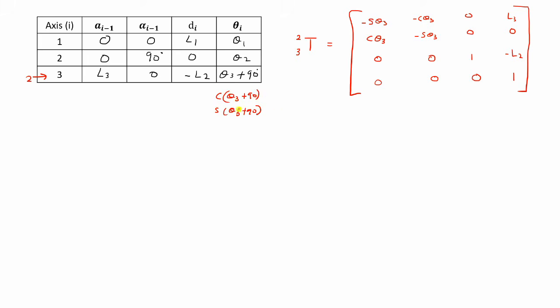And if you were to simplify all these terms, you should get this matrix for transformation matrix of 2 to 3. The next step, which is the final step, wanted us to find the transformation matrix 0 to 3. And we can do this by simply multiplying 0 to 1, 1 to 2, and 2 to 3, which is what we found in the previous part.